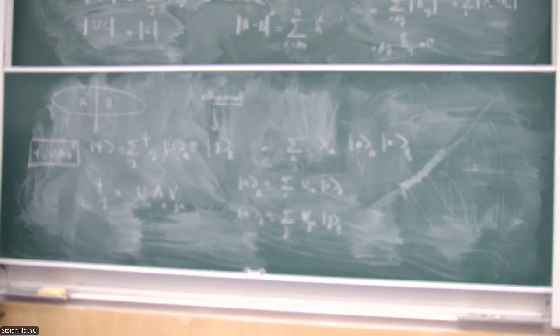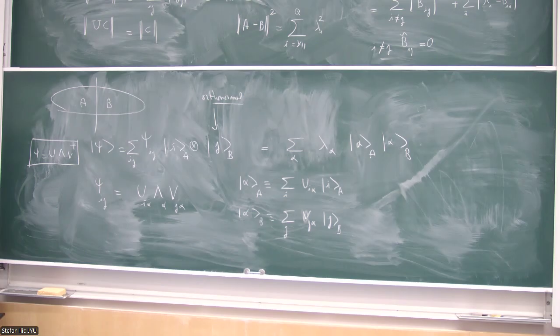And you see that if I have a singular value lambda 1 equal to 1 and all the others are 0, then there is no sum, and it's a product state, unentangled. And vice versa, if I have an unentangled state, which I can write as a product, then I have only one singular value.